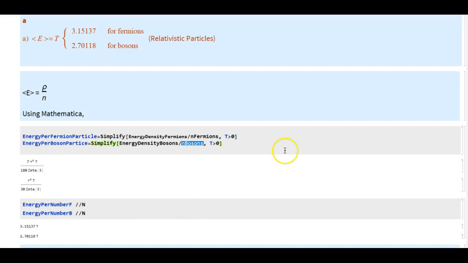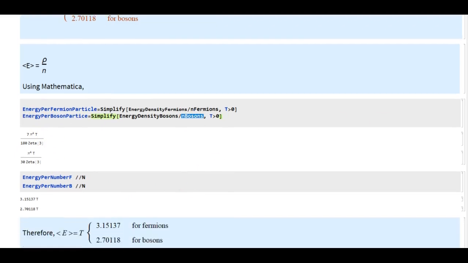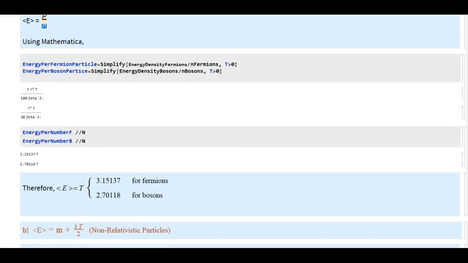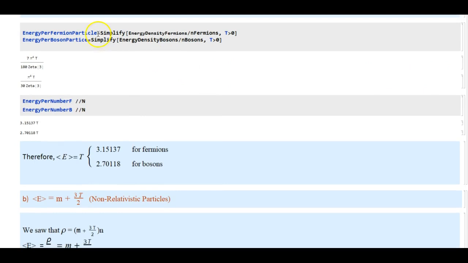Then you do it using Mathematica, or straightforwardly: you already know these from the last videos, and you just divide the two to get the energy per particle.